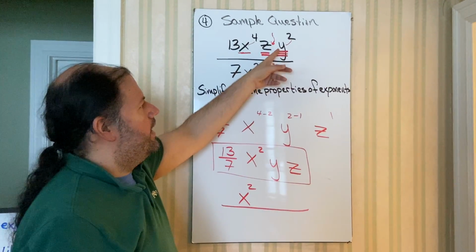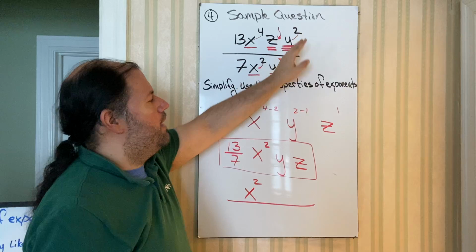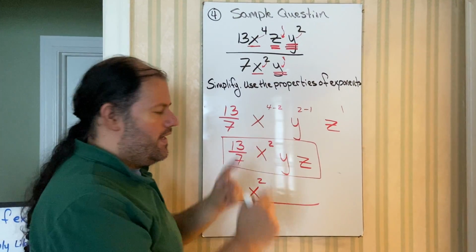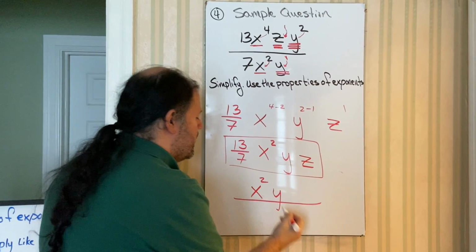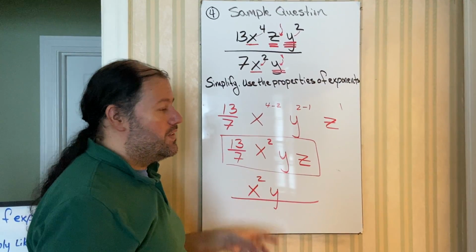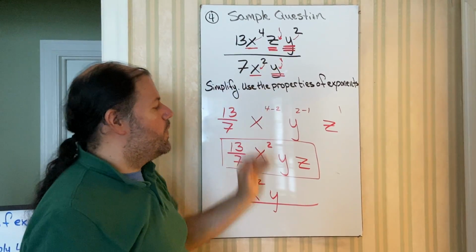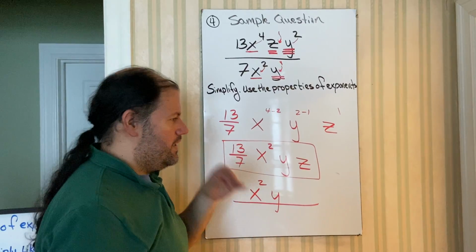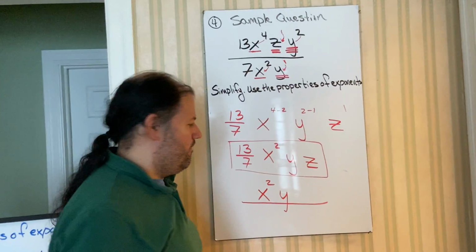Now, y's. Notice I have 2 on top, but 1 on the bottom. Where do I have more y's? On top. So notice I put the y on top. The reason why I'm pointing this out is because I told you, we're going to sometimes have more y's at the bottom when we get further along in the sections.